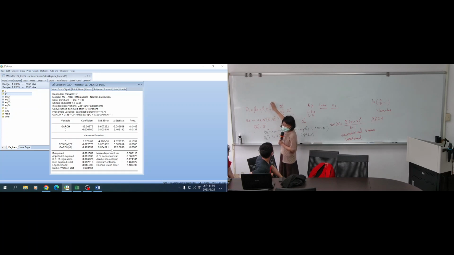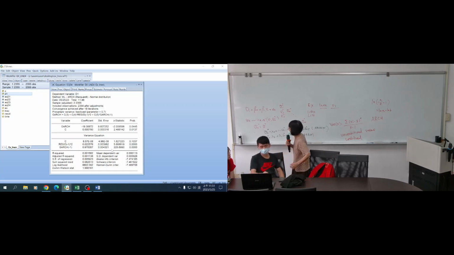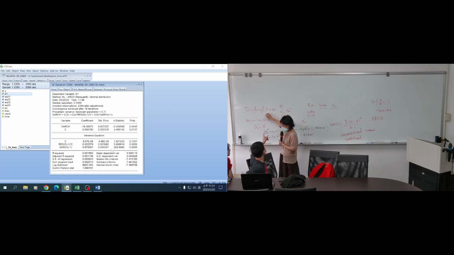So GARCH-M means that not only this one, which is only the mean, but also the risk. And how do we use the data of the risk? If there's an x variable and the p-value does not pass, then we still don't use it. No, the x variable is different. The x variable is here. So we do need to consider the p-value of the x variable.